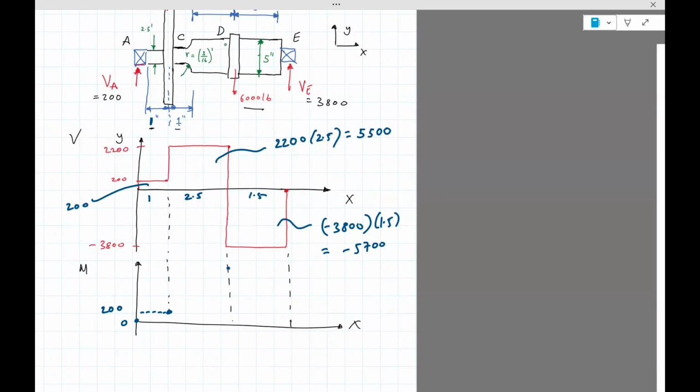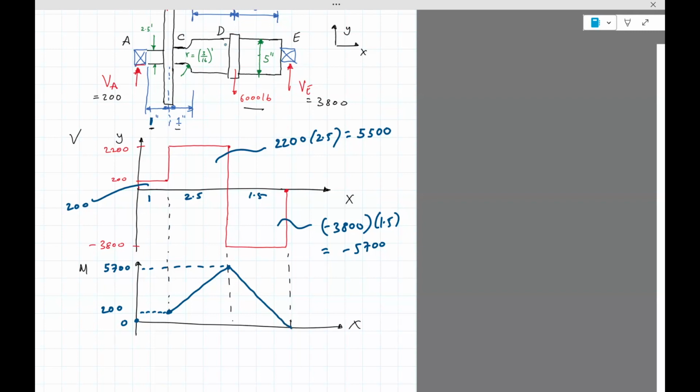So it'll go linearly to 5700. Then we need to subtract 5700, so it will go down all the way.